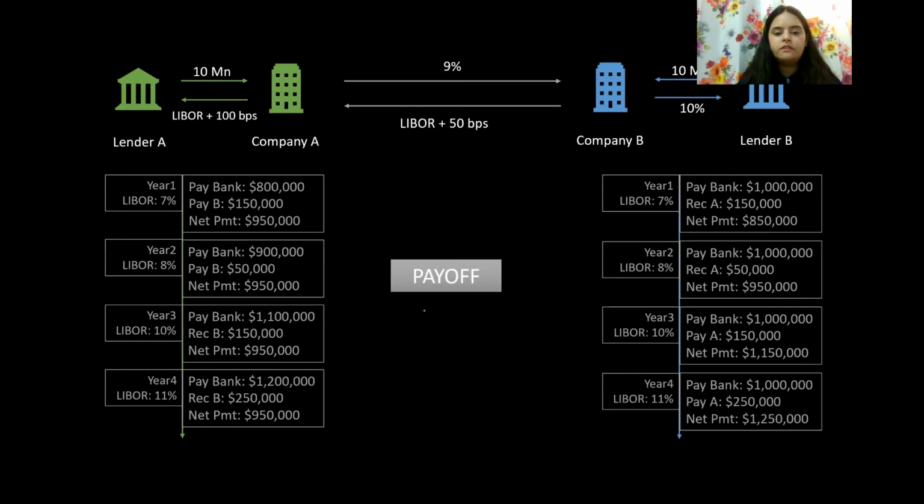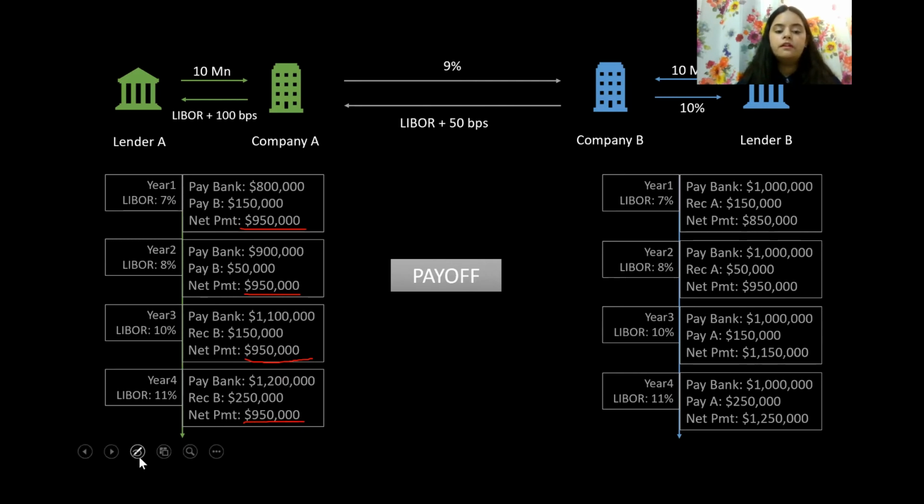So if we have a look, you can see that company A ended up paying a fixed interest rate of $950,000 each year, whatever the interest rate is, right? Now, we don't stop here.